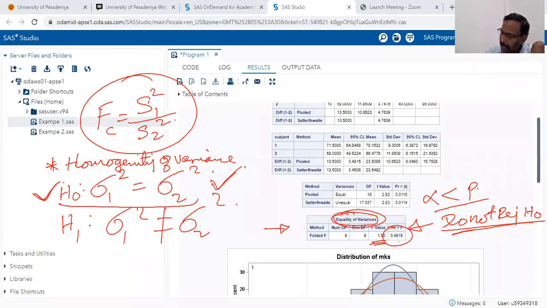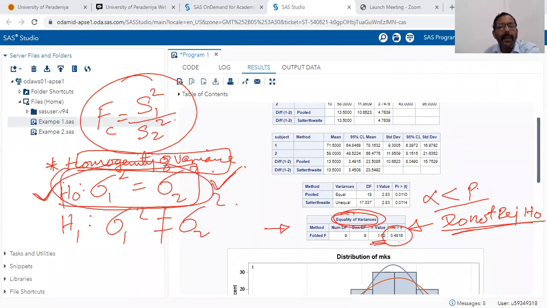So we can assume there is homogeneity of variance, so our pooled t-test is valid. We can continue with our pooled t-test for concluding, because we do not reject the null hypothesis of homogeneity of variance.